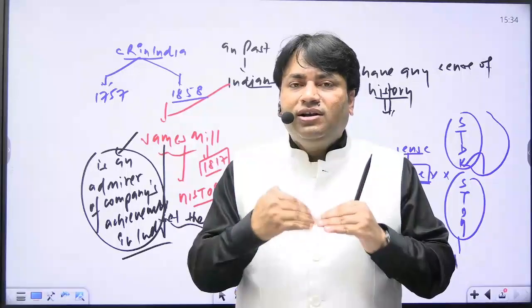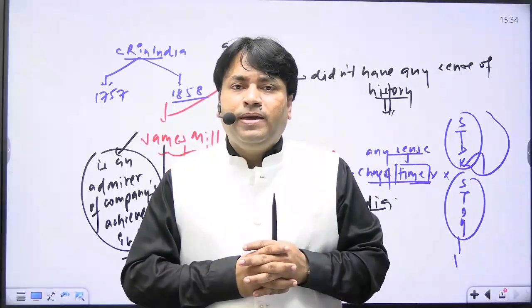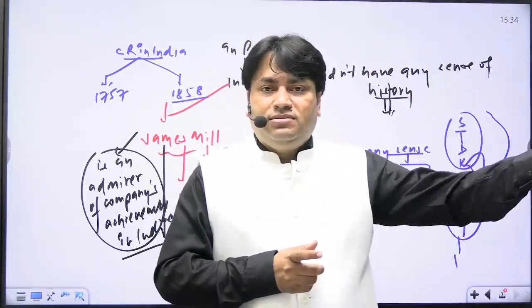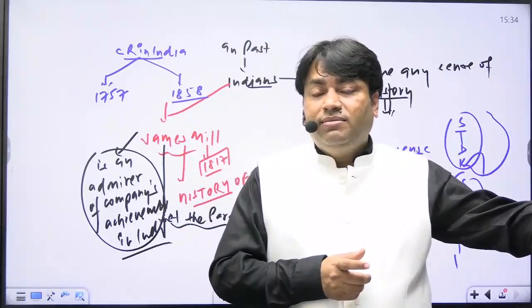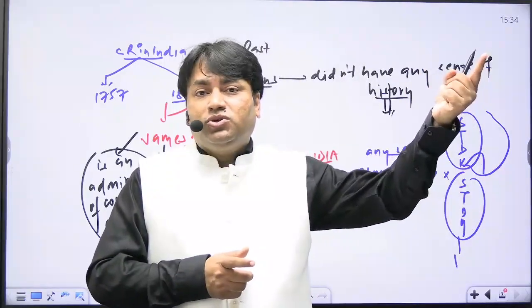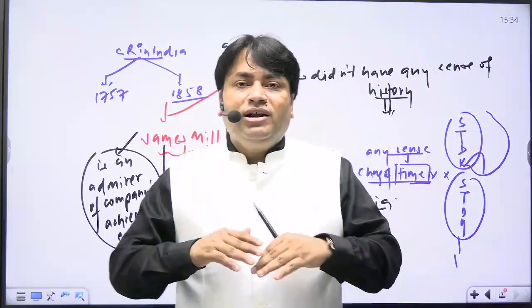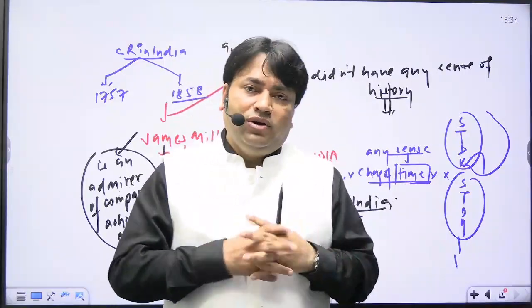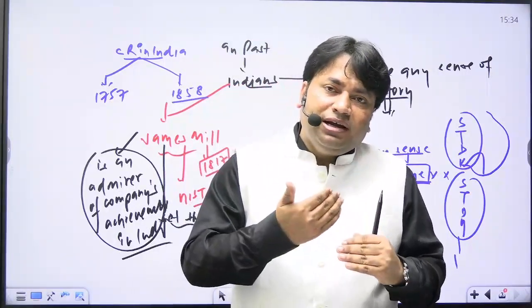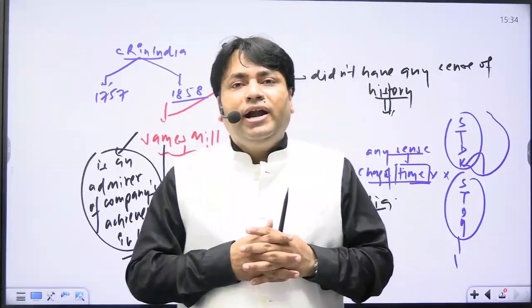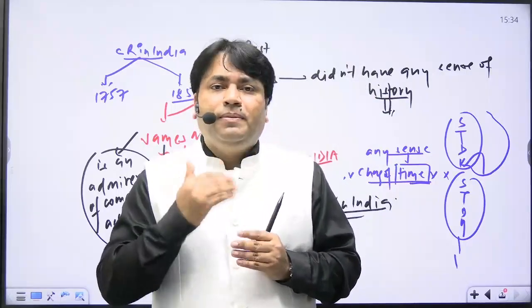Now the colonial writers are saying that in ancient times, not only in ancient times but in medieval times also, the rulers in India were very much autocratic rulers. They were not guided by the idea of welfare of people.